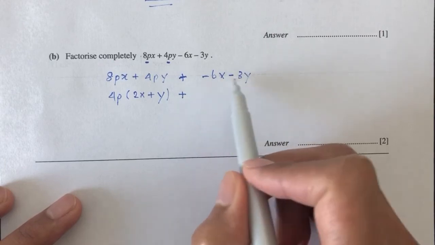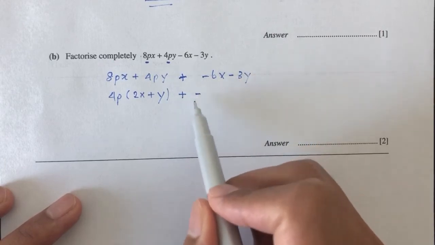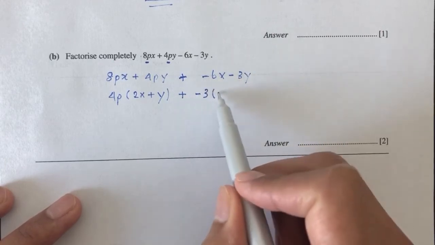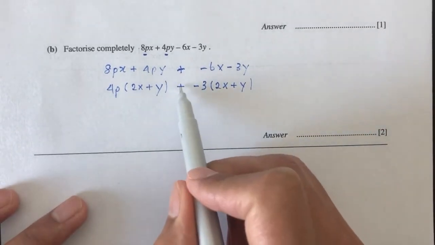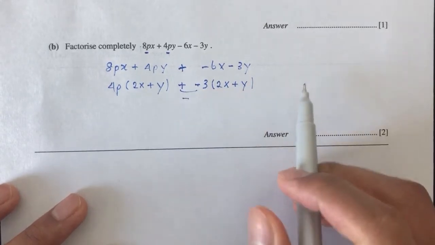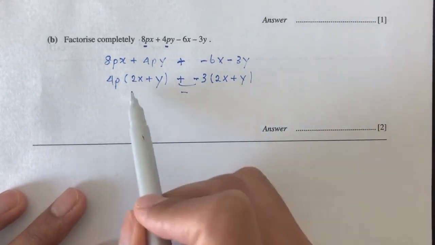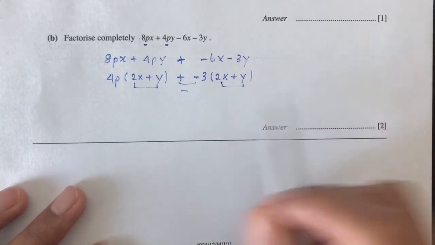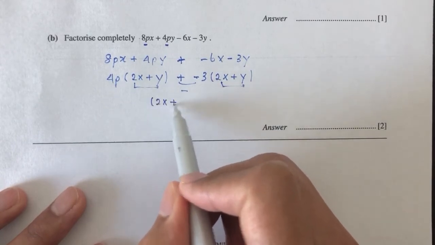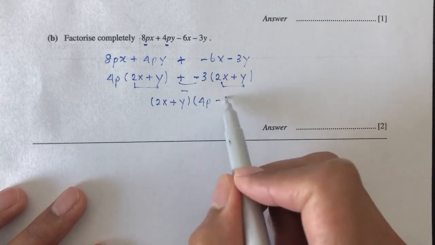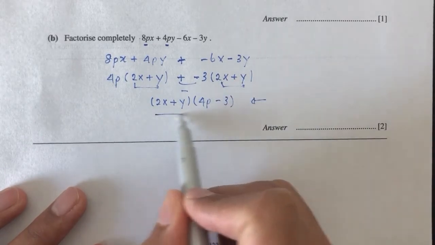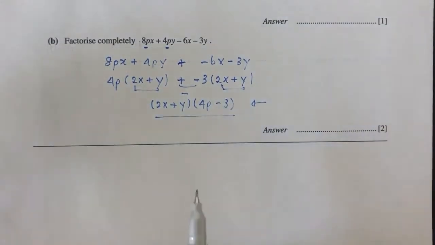Now plus, so what is common with those two? Minus is common and 3 is common, so we have 2x plus y remaining. So now plus minus becomes minus. So now we have these two are the same, so we take it out. We have 2x plus y bracket 4p minus 3, and that is your answer for part B of question 15.